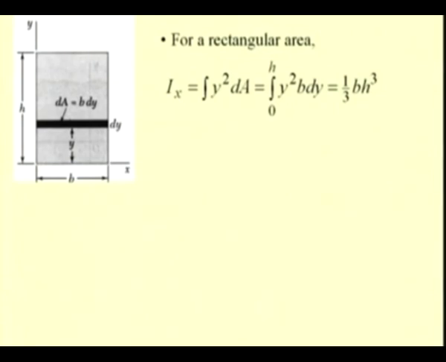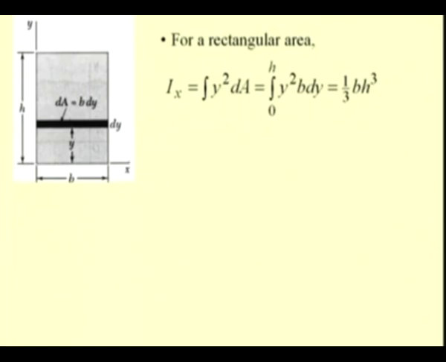Let us consider a rectangular plate. For this, we consider this horizontal element dA. If B is the width of this rectangular area and h the height of the rectangular area, then area of this thin strip is B times dy, and it is located at a distance of y from the x axis.